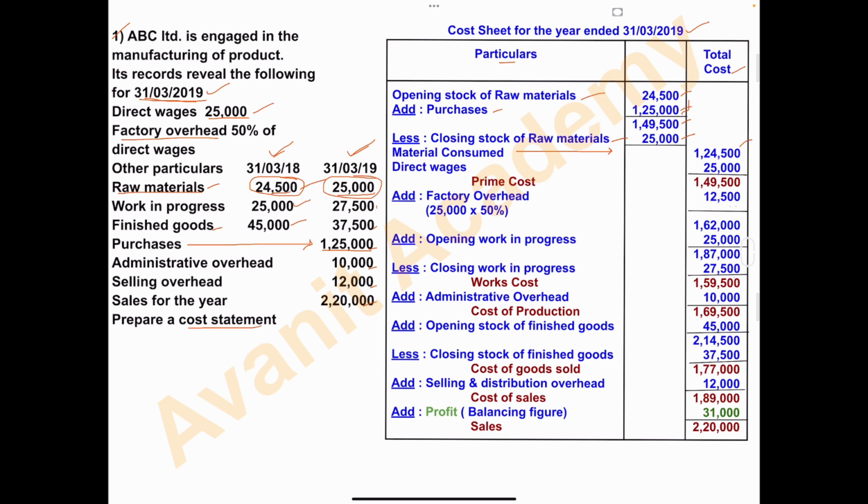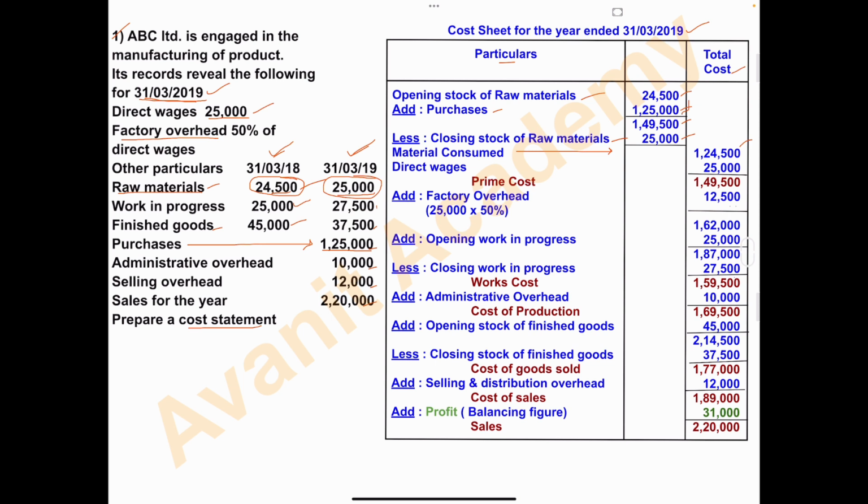So first take opening stock of raw material, add purchases and expenses related to purchases, and after that minus closing stock of raw material. The final amount we get is called material consumed. In this problem, material consumed is 1,24,500.